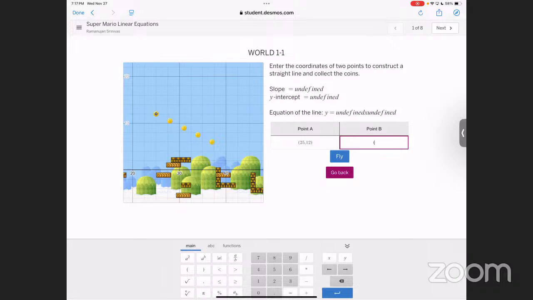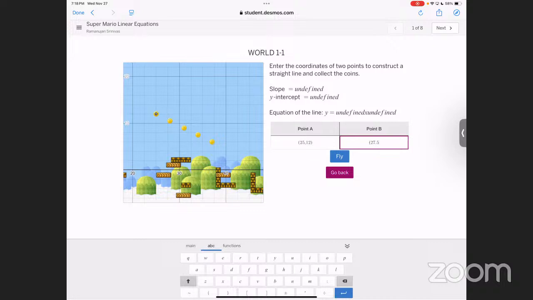I can't really find some super perfect one, but I'm going to estimate this. 1, 2, 3, 4 boxes. So 10 divided by 4 is 2.5. So 1, 2, 3 is going to be 2.5 times 3, 7.5. 27.5, comma.